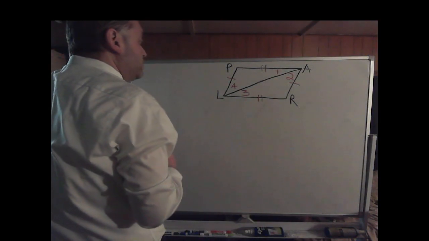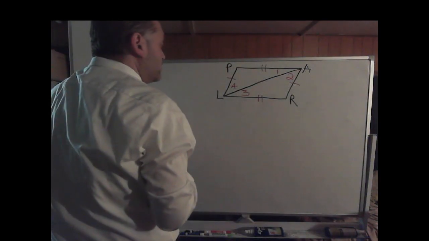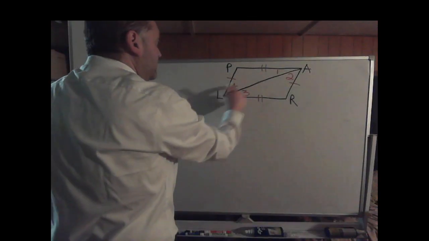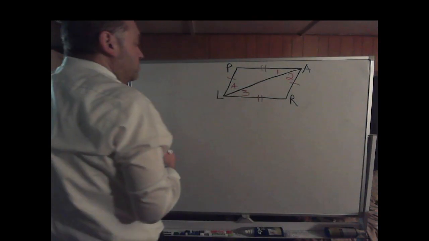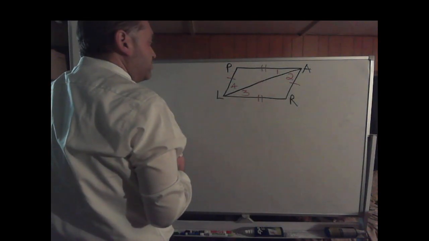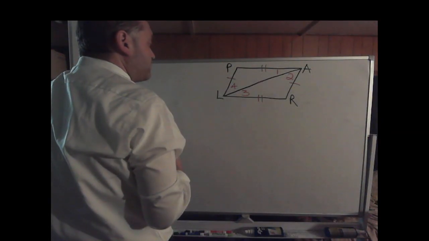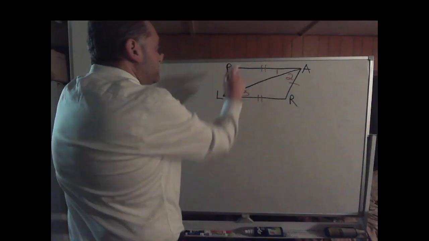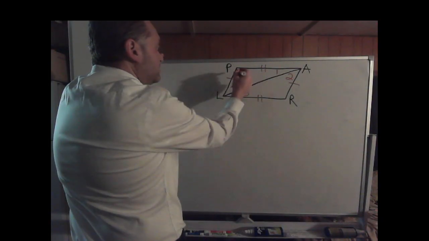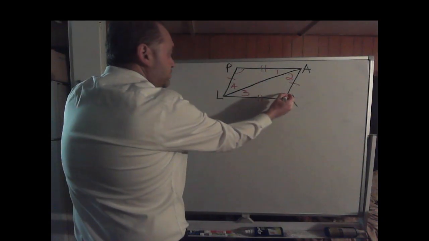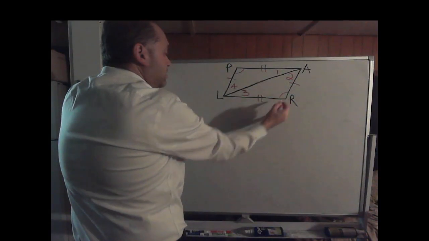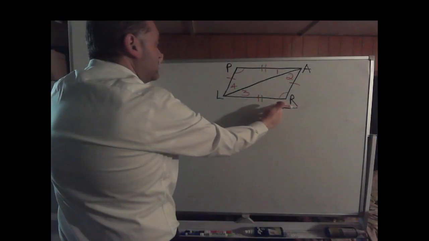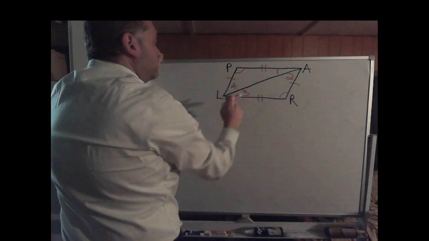Now if we go in an order here, let's say we went PLA. We need to figure out which angles are congruent to which. Well, it would look like angle P would be congruent to angle R, because we'd have PLA and then we would have RAL.